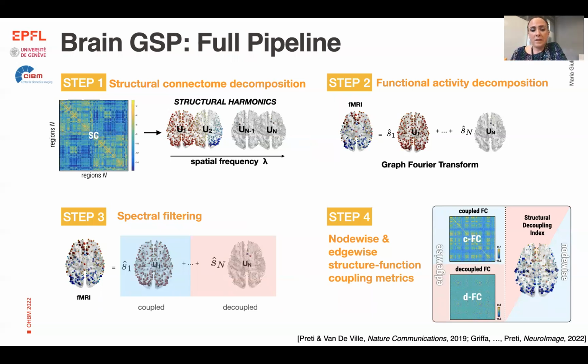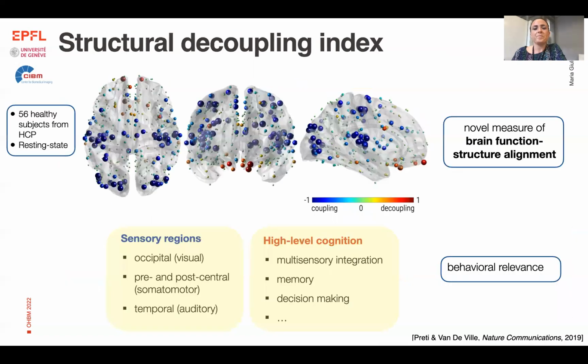Then we filter these fMRI frames in low frequencies and high frequencies, so in two portions, one coupled, one decoupled from the structure. And then as a fourth step, we compute node-wise and edge-wise metrics of structure-function coupling. At the node level, the structural decoupling index, SDI; at the edge level, two versions of the functional connectome, one coupled and one decoupled to the structure.